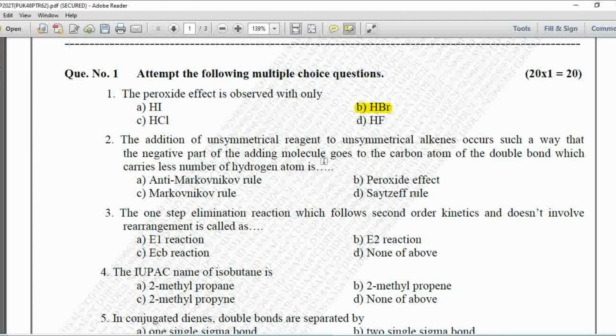Next MCQ: the addition of unsymmetrical reagent to unsymmetrical alkene occurs in such a way that the negative part of the adding molecule goes to the carbon atom of the double bond which carries a less number of hydrogen atoms.